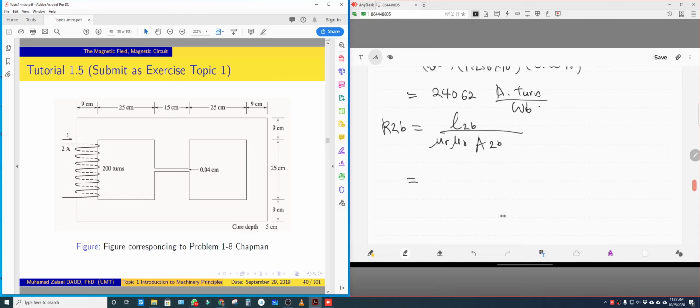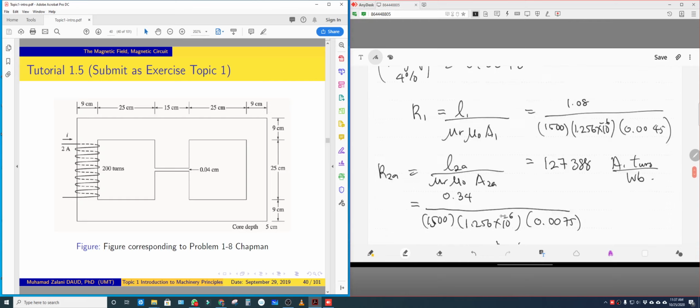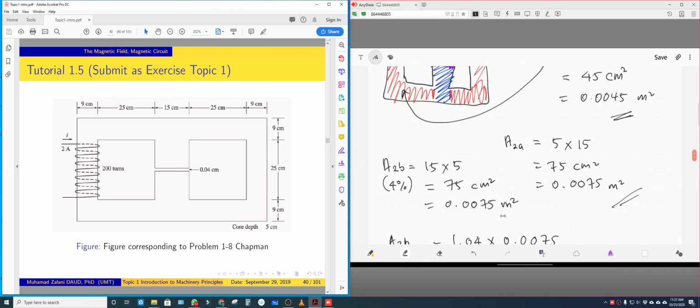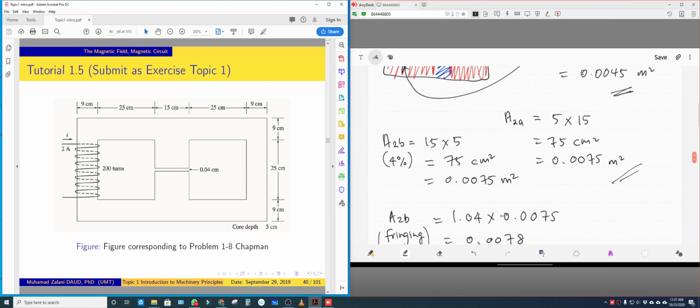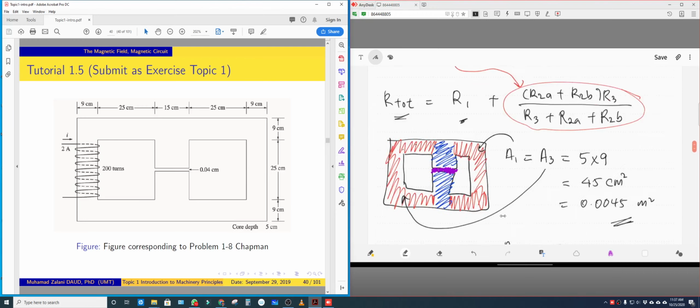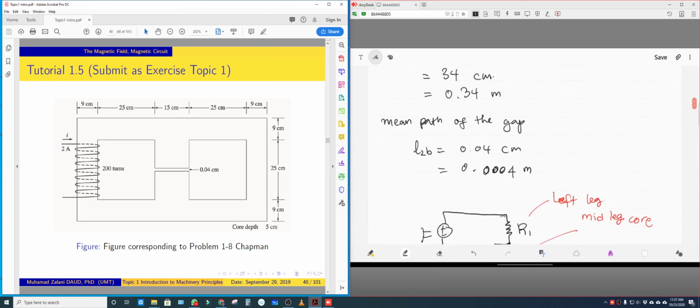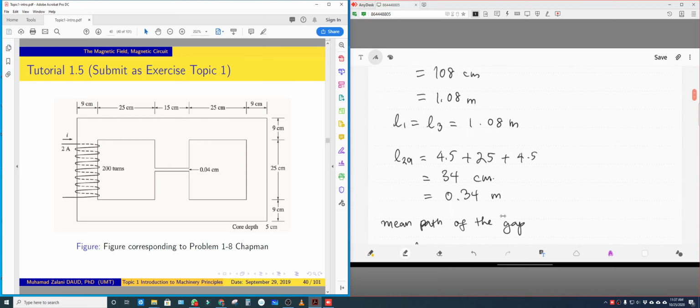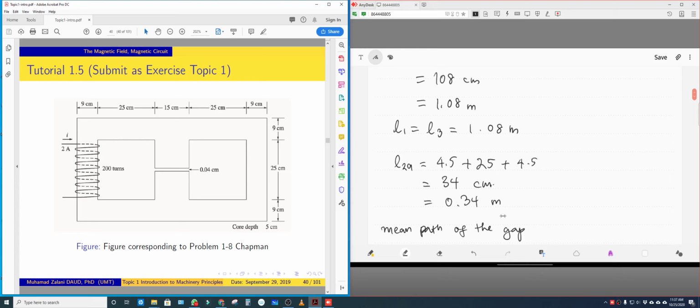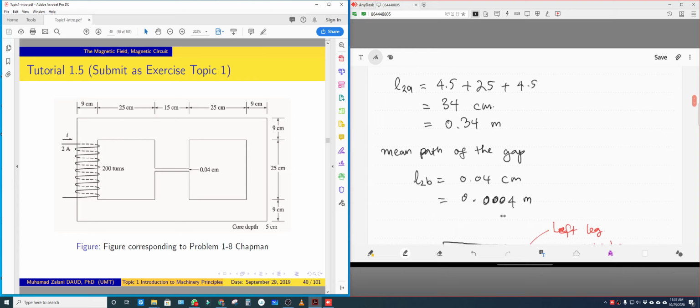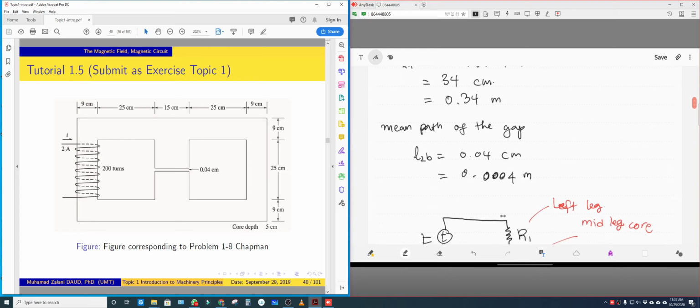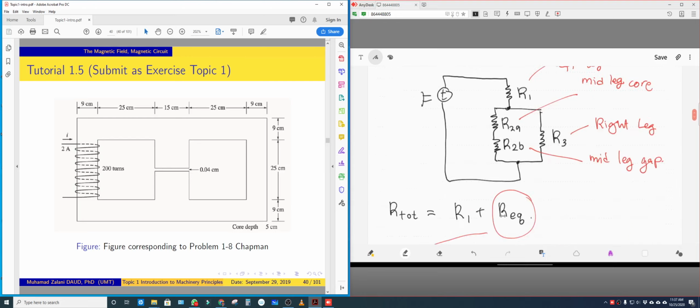So the mean path of the air gap is 0.0004.